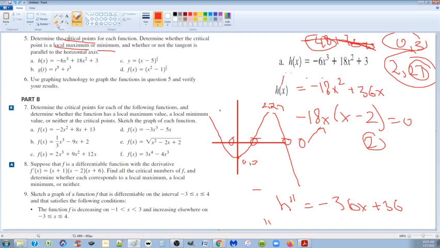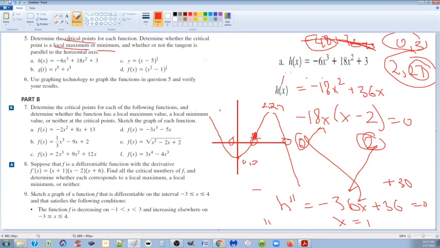You could also put the values you found into the second derivative. 0 gives plus 36, which tells me that 0 is a minimum. Sure enough, it is. And 2 gives minus 36, which tells me that's a maximum. You could also set this to equal 0, and you'll discover that x is equal to 1 at the inflection point, which is useful.